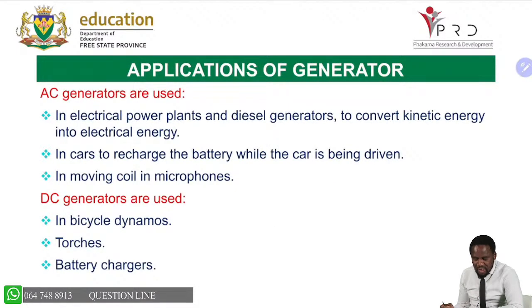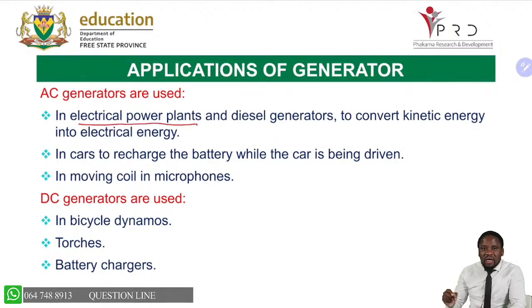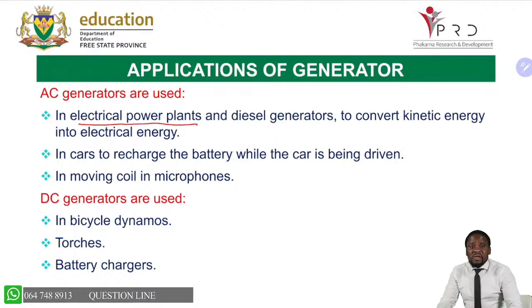Now, one other practical aspect of the alternating current generator is that it has a lot of real life applications, right? It says here AC generators are used in electrical power plants. So where there's electricity generation on a large scale, where we want to get megawatts of energy, we are using the AC because the DC is relatively smaller output.